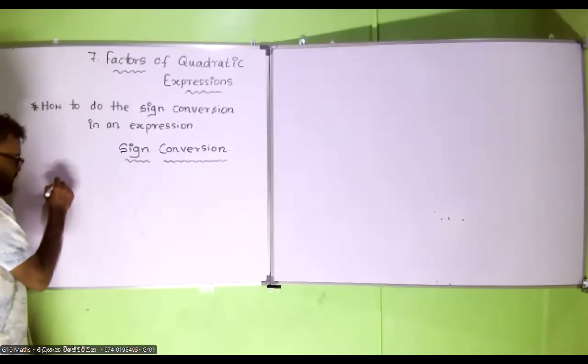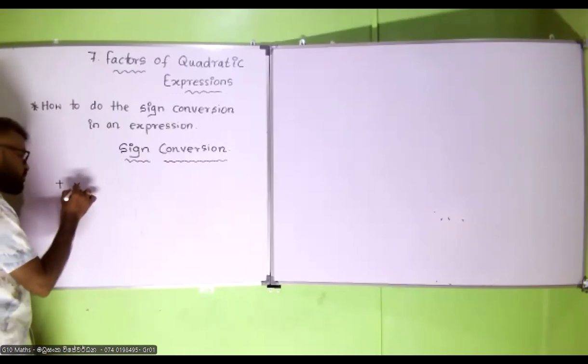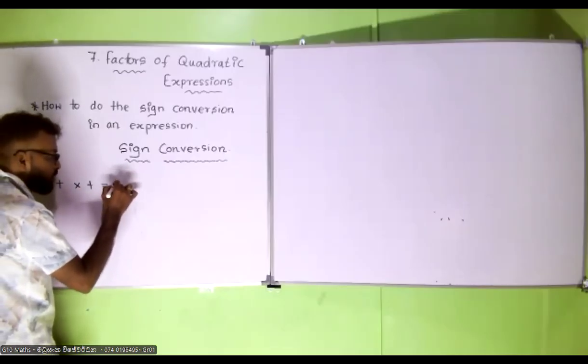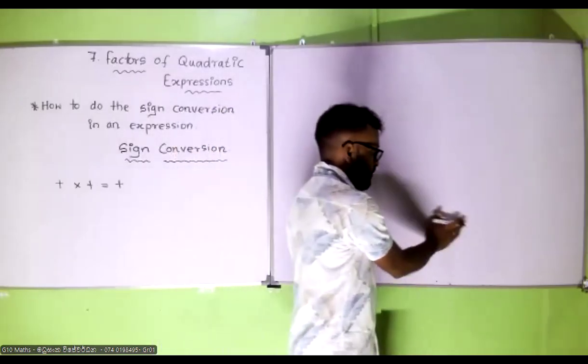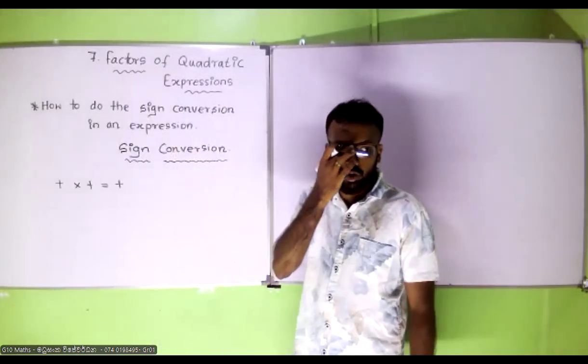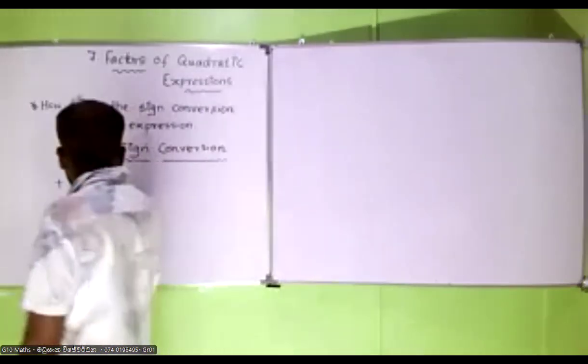When you have a positive number and you multiply it by a positive number, you will get a positive number as the result. Now look at the board. Don't do anything, I will give you time to write.